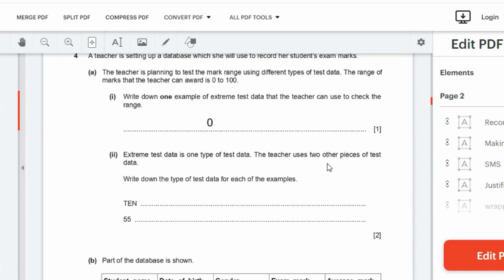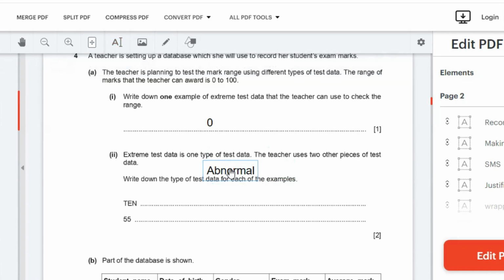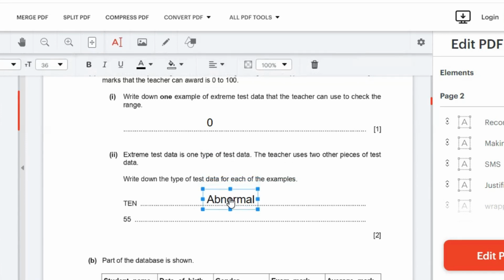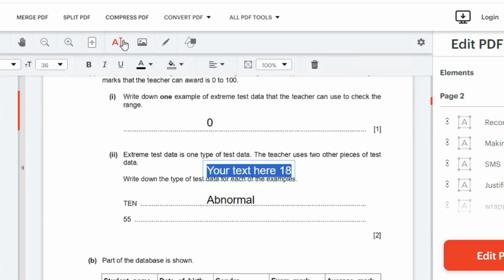The teacher uses 2 other pieces of test data. Write down the type of test data for each of the examples. That is, you have TEN. Which type of test data is this? It is called abnormal. Why? 55 is normal.